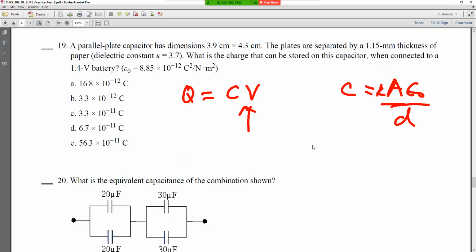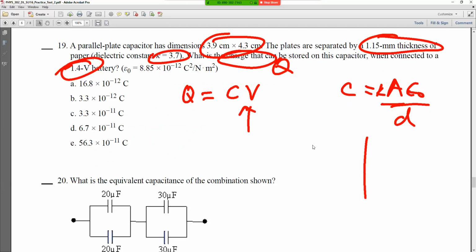You multiply the two. They're asking for charge, which is Q. They've given you V. What is missing is C, but you know enough information to find C from this equation. Kappa is given, the area is given from the length and width, the voltage is given, then the separation, that's the distance between the plates, is given. That's your D.